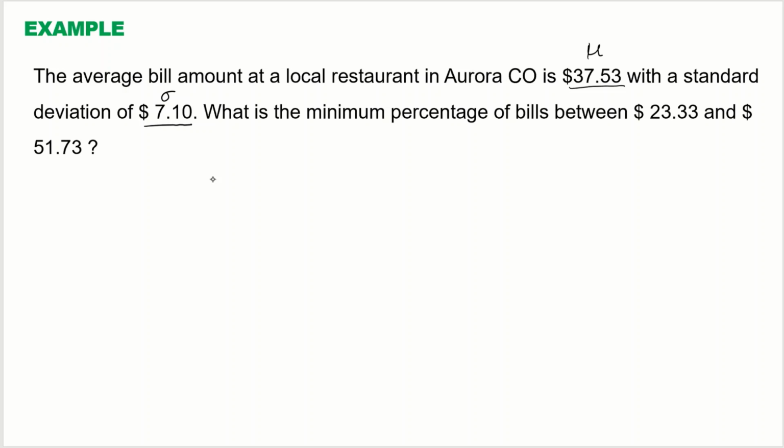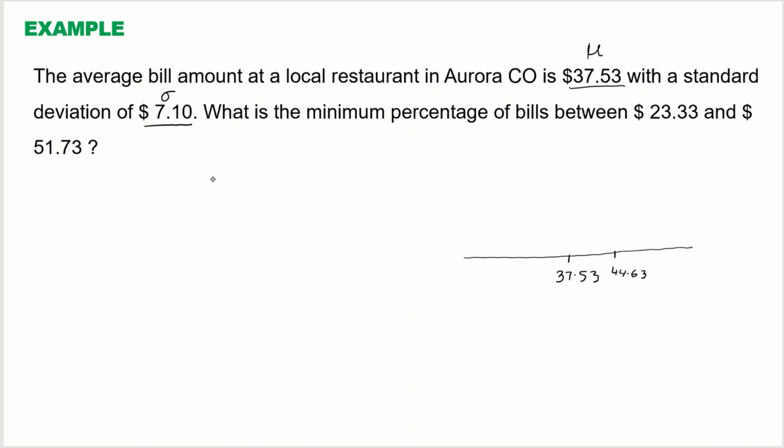They have given the mean, so I'm going to put the mean in the middle, which is 37.53, and the standard deviation is 7.10. If I add 7.10, the value will be 44.63, which is 1 standard deviation above the mean.